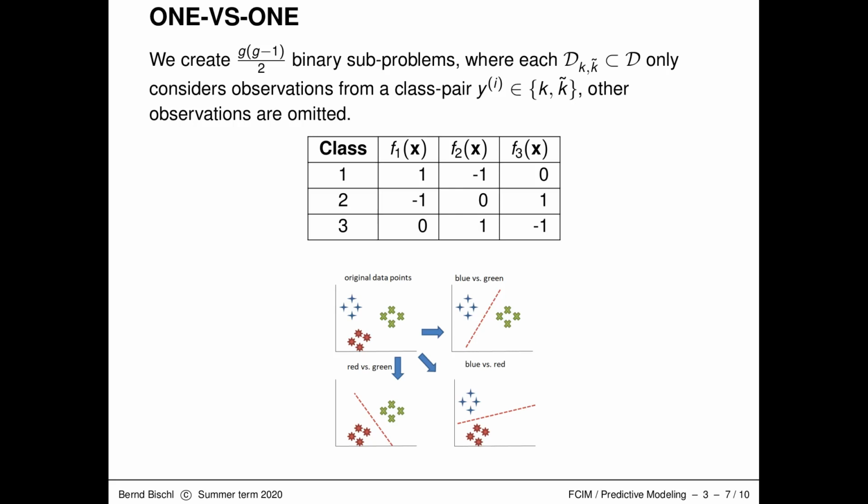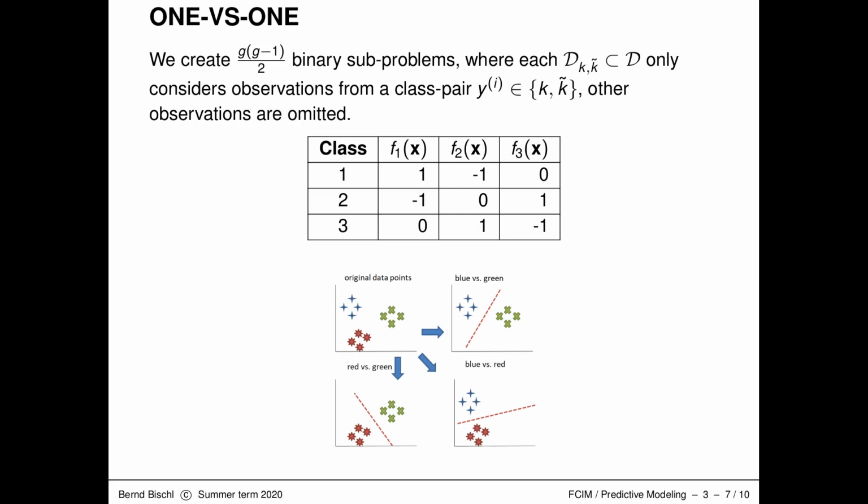And this is the reason why, although you have to train this quadratic number of binary subproblems, because all of the individual binary subproblems contain much fewer observations, training time doesn't scale that badly.